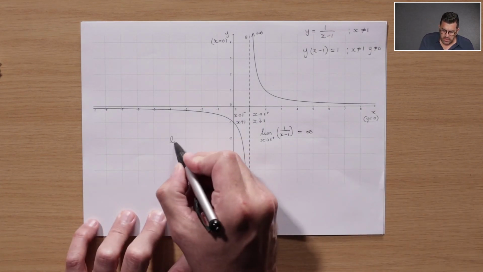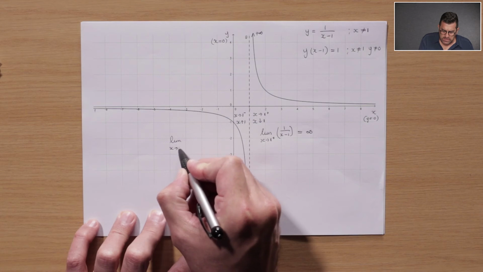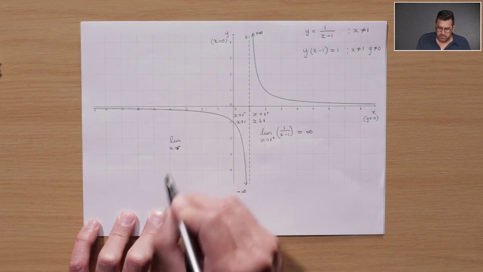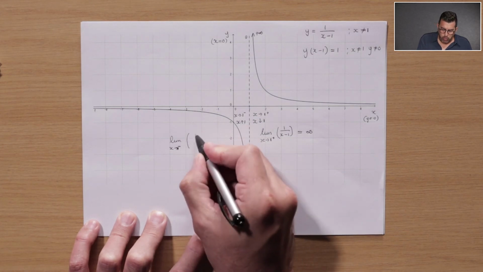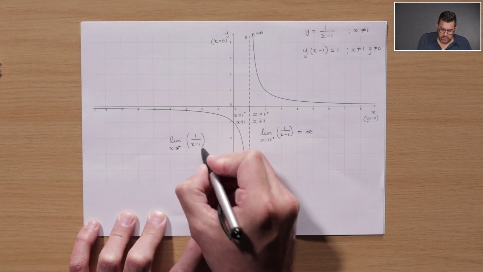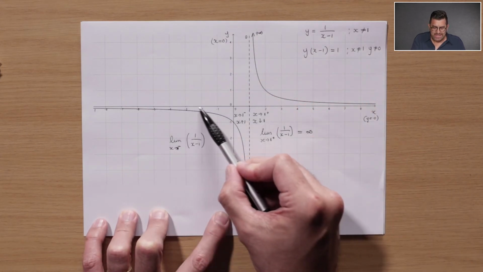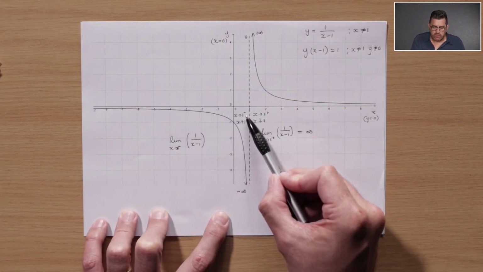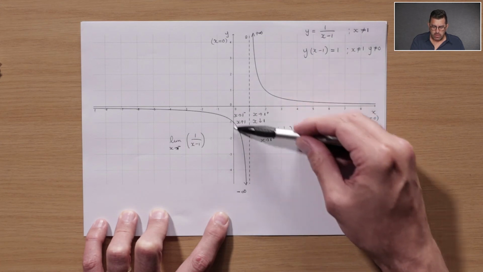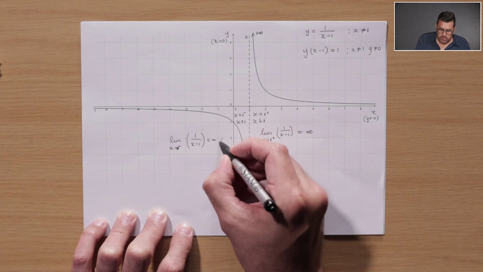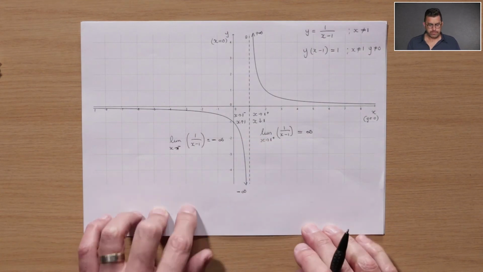On the left, the limit when x approaches 1 from the negative side, sorry, this is a bit messy there, of 1 over x minus 1 is saying what is happening to this function when the x's are coming closer to 1 from the negative side. Well, we can see clearly that the y values are going to minus infinity.